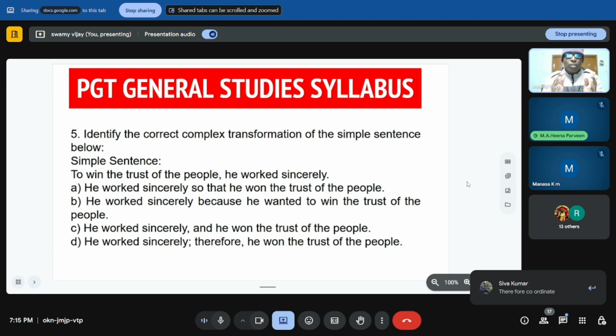If a main clause is connected with a subordinate clause, then it is called a subordinating conjunction. So a coordinating conjunction can only connect two main clauses, and a subordinating conjunction can join one main clause with a subordinate clause. Okay, so these are the 5 questions for the warm-up activity so that we can continue ahead.